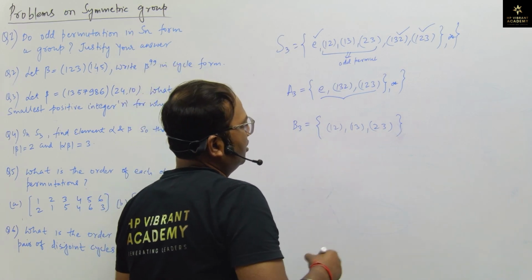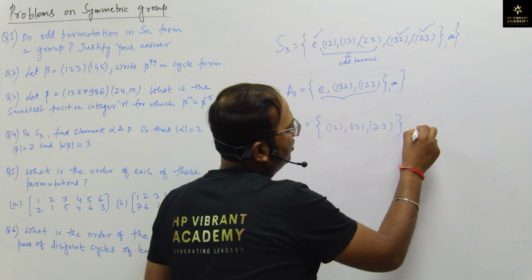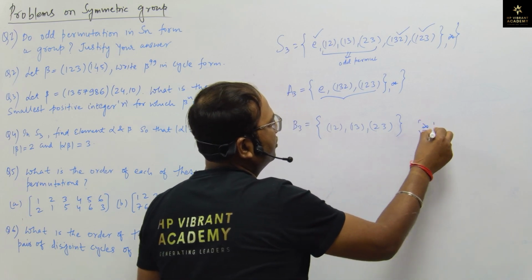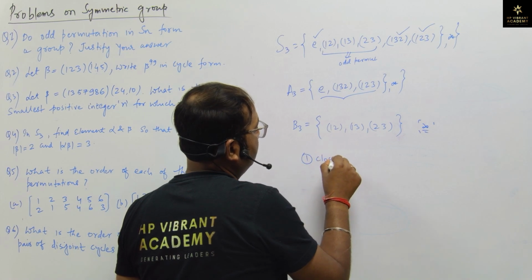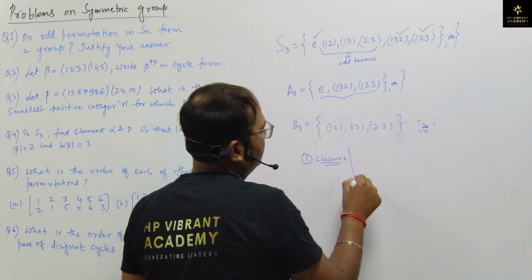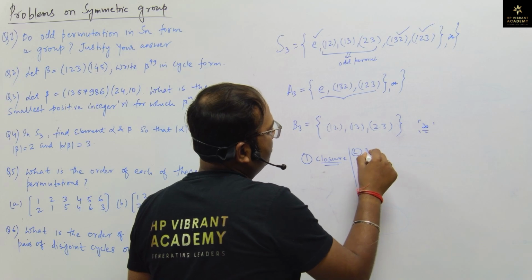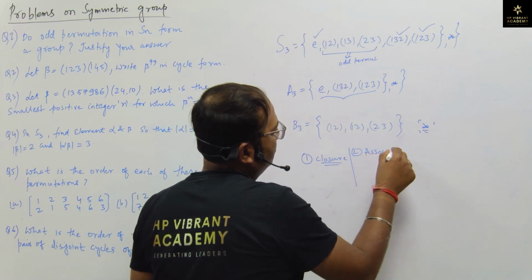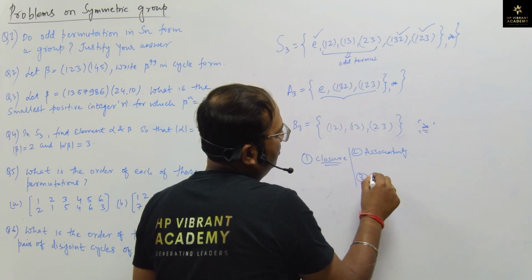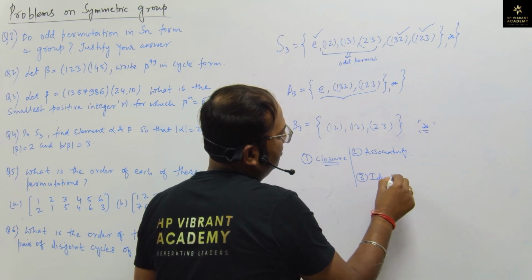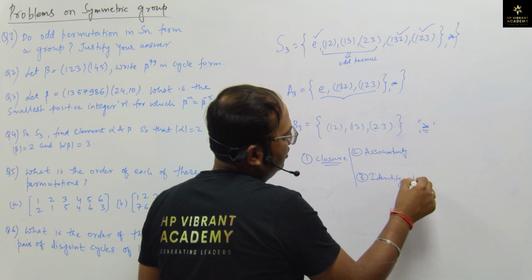Now let us apply the properties of a group under the operation composition of function. For being a group, what are the requirements? First one is the closure property. Second one is associativity. Third one is the identity element, the unique identity element.